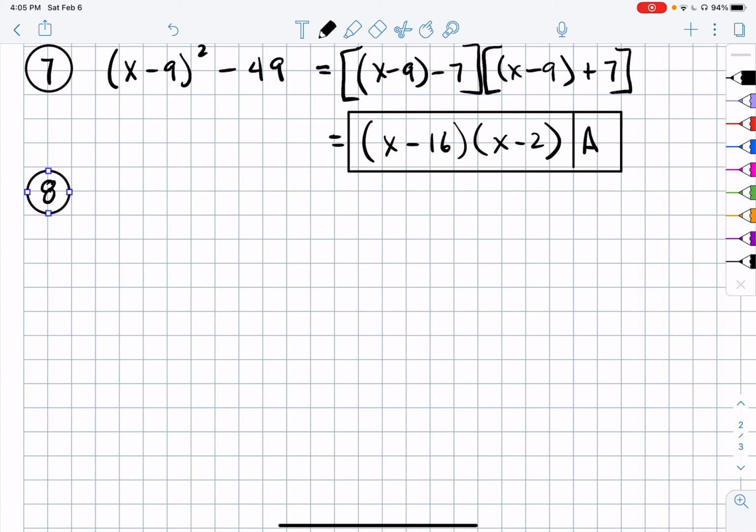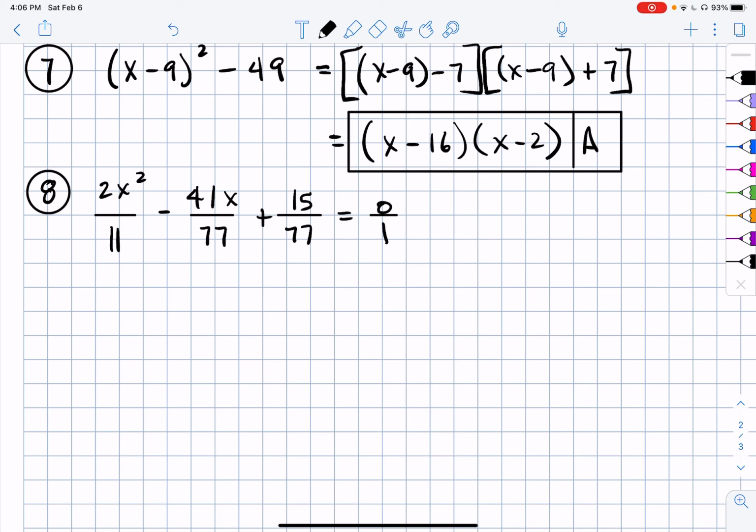All right, so 8 says 2x squared over 11 minus 41x over 77 plus 15 over 77 is equal to 0. I'm just going to put 0 over 1. Okay?